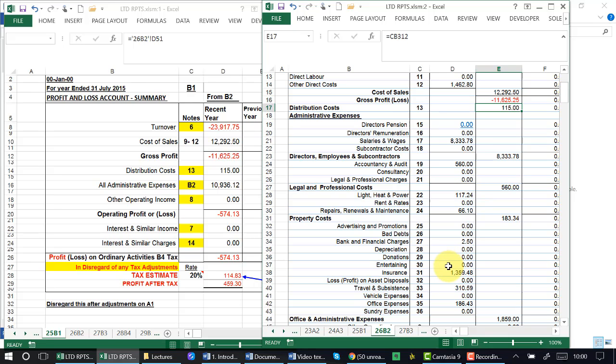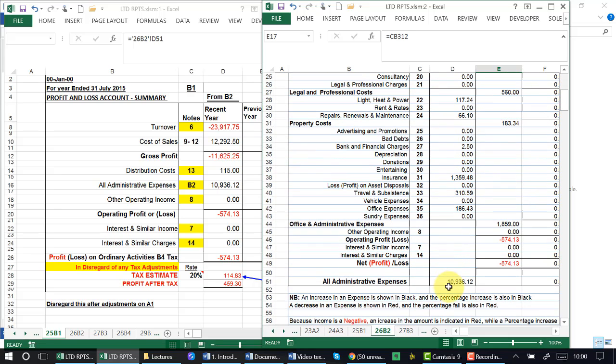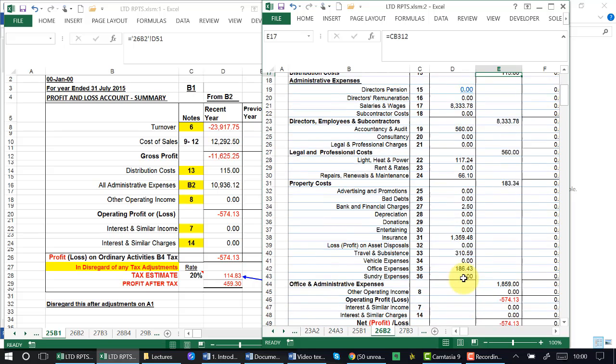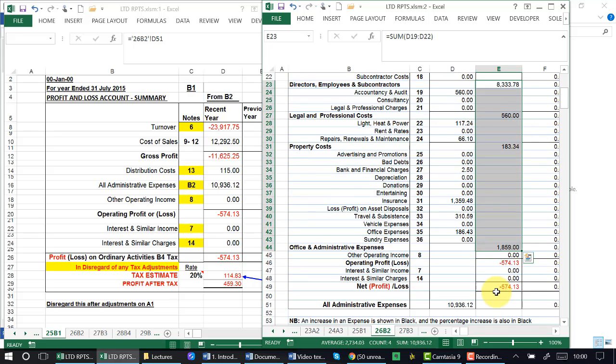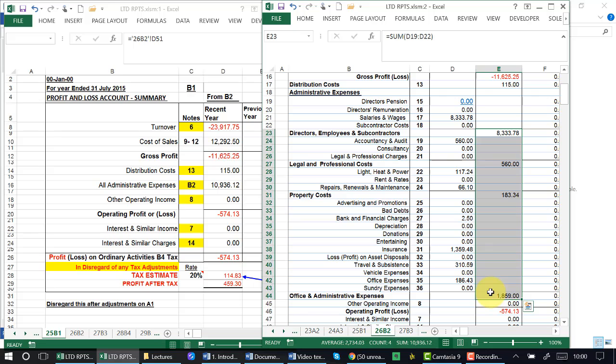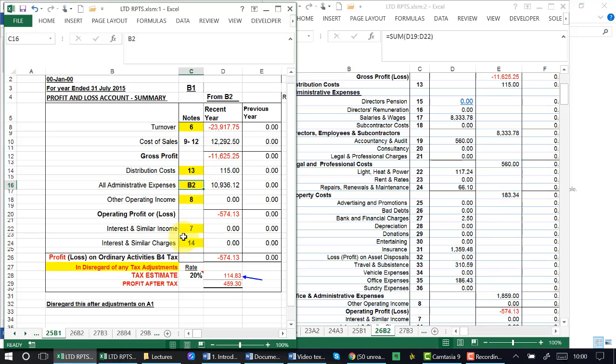Apparently, I think that is stretching from, let me see this, 10. Let me sum these. 10, yeah. It is stretching from notes 15 up to 36. This B2.